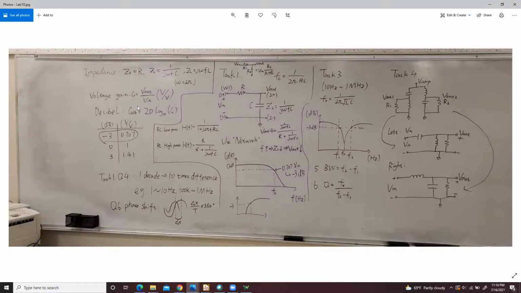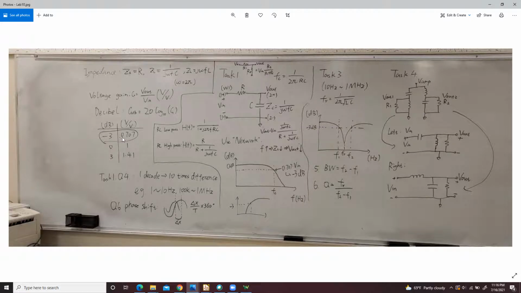Sometimes we will use another unit called decibel, which is the power gain, and the unit for this is dB. The relationship between the decibel and the voltage gain is this equation. Here are some quick conversions.